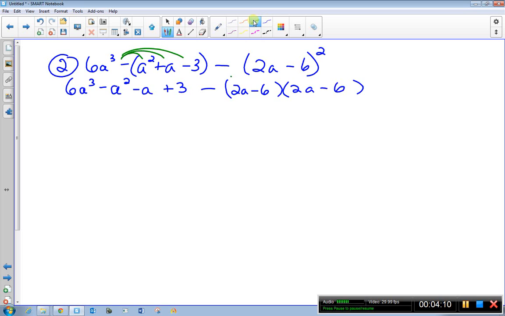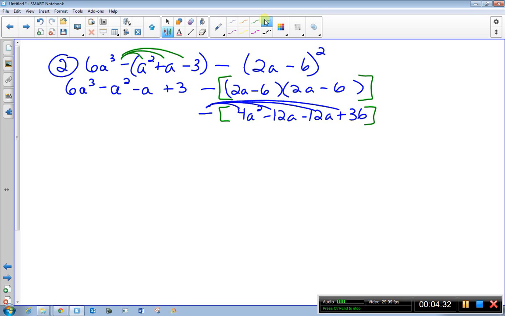So it's almost like this is in a big bracket here, because the whole thing has to be subtracted. So inside that bracket, we get 4a squared minus 12a minus 12a plus 36. But we still need to distribute the negative.